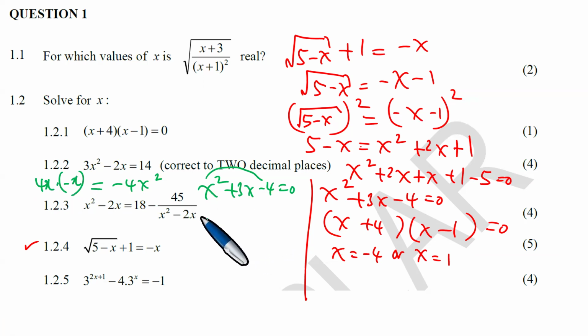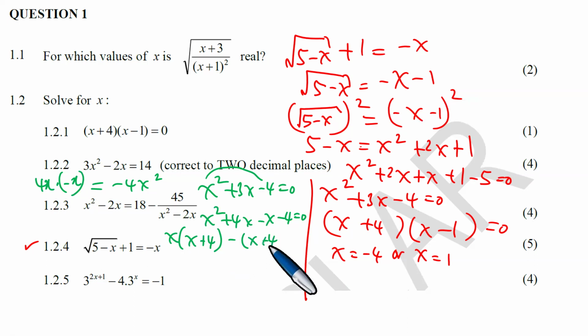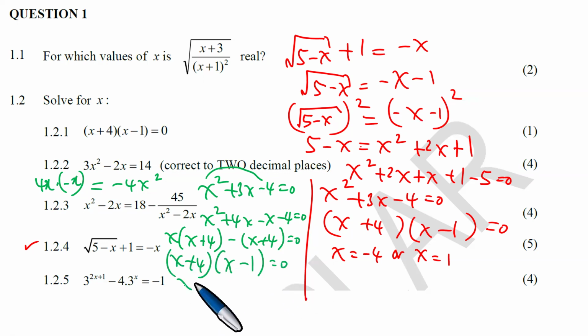And this, as a consequence, gives us x squared plus 4x minus x minus 4 equals 0. Pick out x and you have x plus 4. Pick out negative 1 and you have x plus 4 equals 0, giving us x plus 4, x minus 1 equals 0.